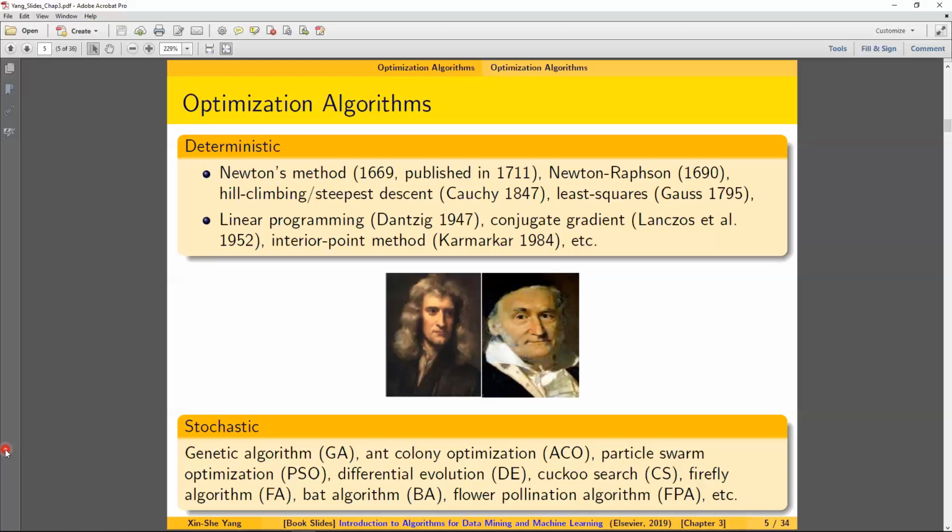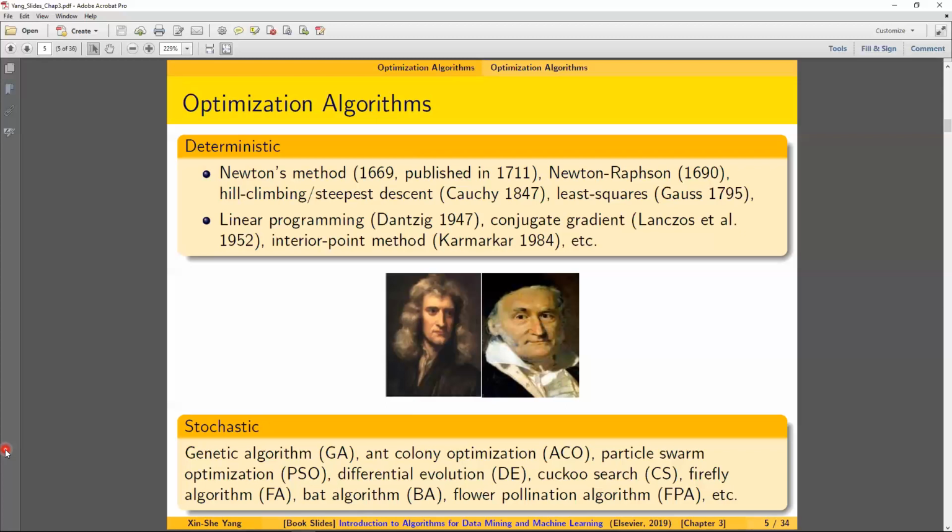For stochastic algorithms, it could involve genetic algorithms, ant colony optimization, particle swarm optimization, differential evolution, cuckoo search, firefly algorithm, bat algorithm, flower pollination algorithm, etc. So just be aware of some of these solution algorithms.